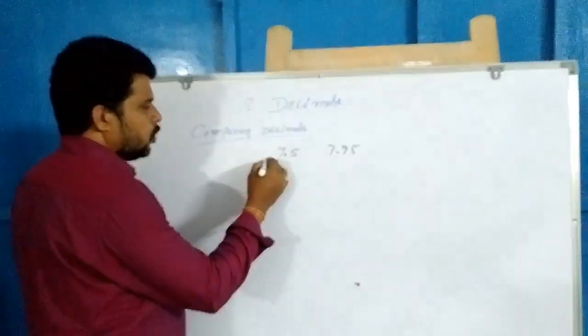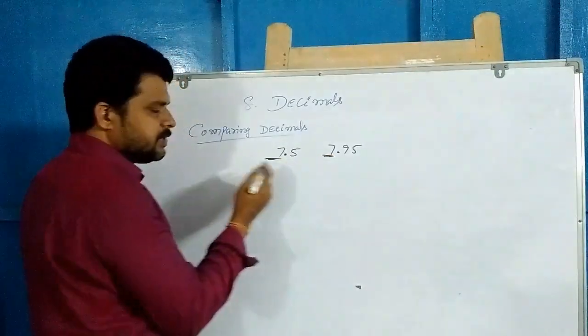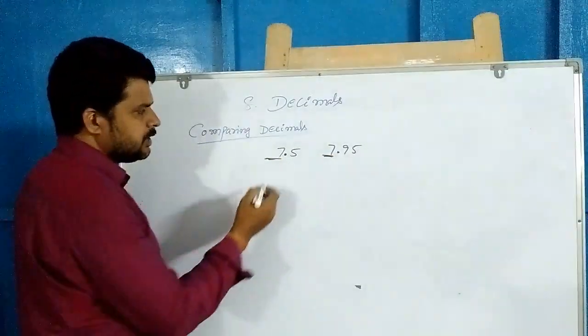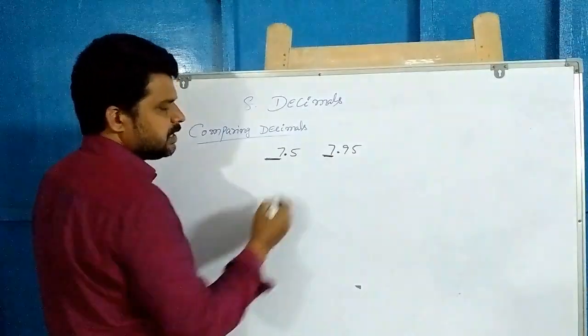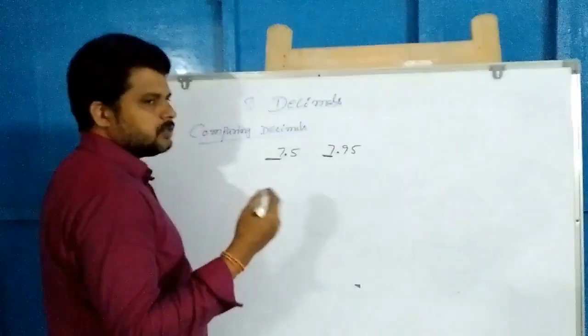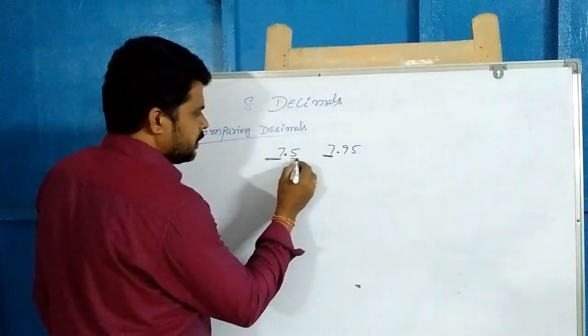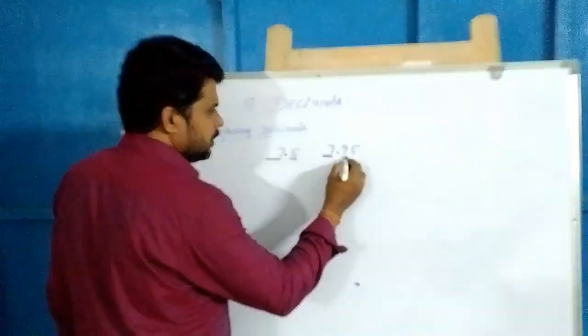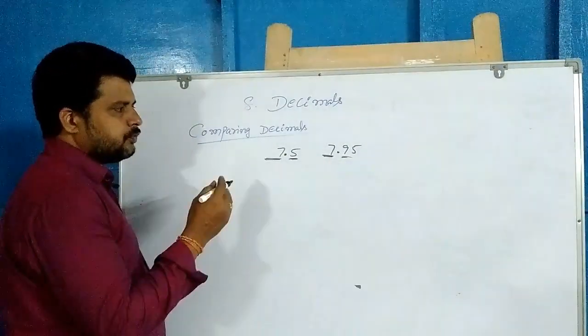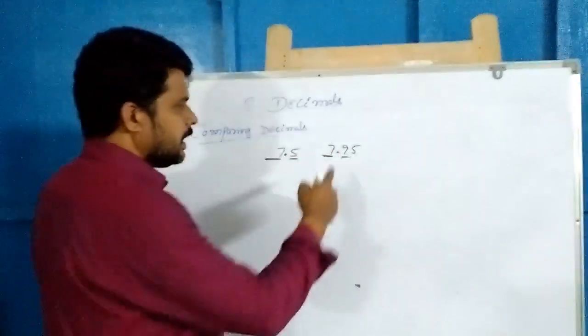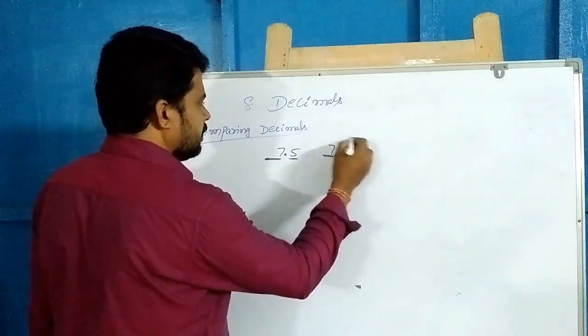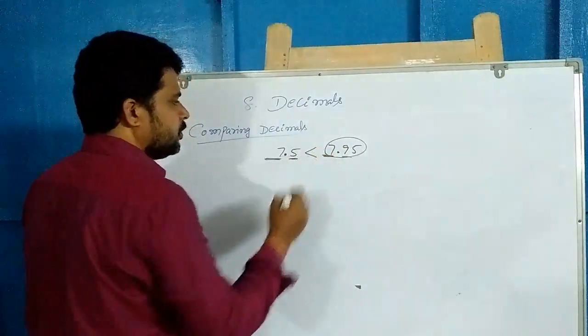First check the whole number part, that means the left side of the decimal. Both numbers have the same 7. So now check the decimal part. The first value here is 5, here is 9. Which is bigger? 9. So 7.95 is the bigger number. So put less than.